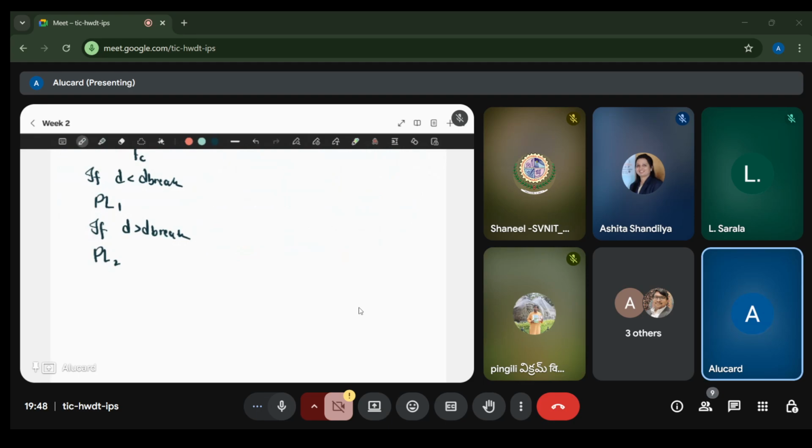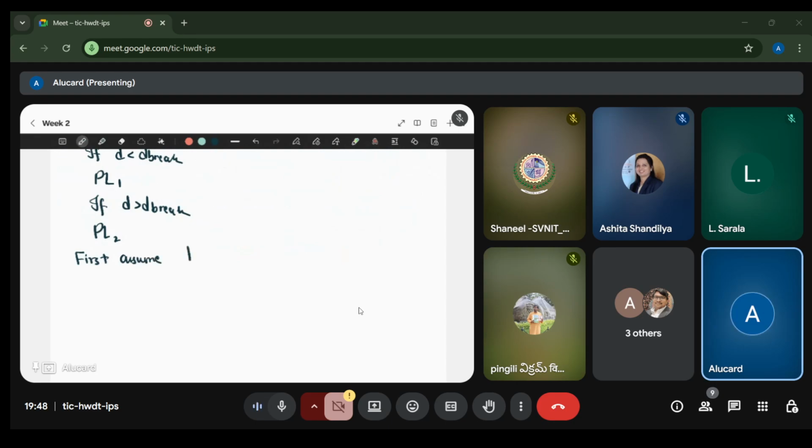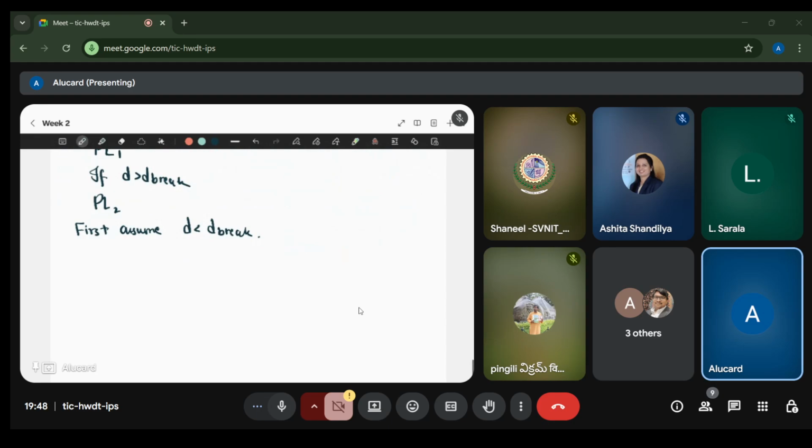Then what you do, first assume d less than d break. Find the path loss PL1.